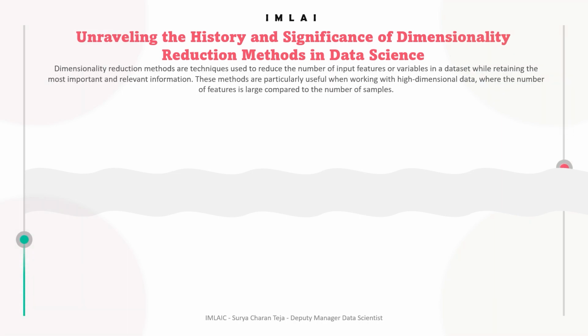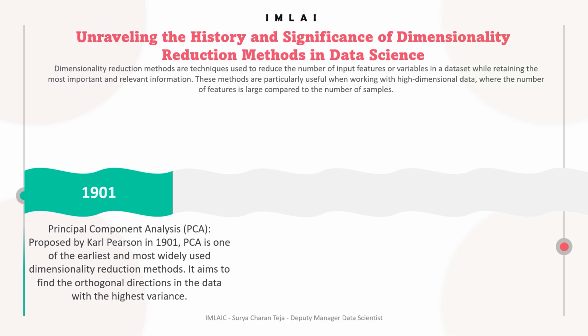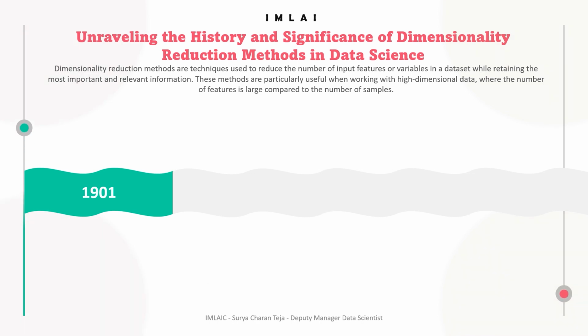Now let's look into the history of dimensionality reduction. The field of dimensionality reduction has a long history and has been studied in various domains. Let's look into some of the notable techniques and contributions. The first one is 1901, which is principal component analysis, PCA. It was proposed by Karl Pearson in 1901.